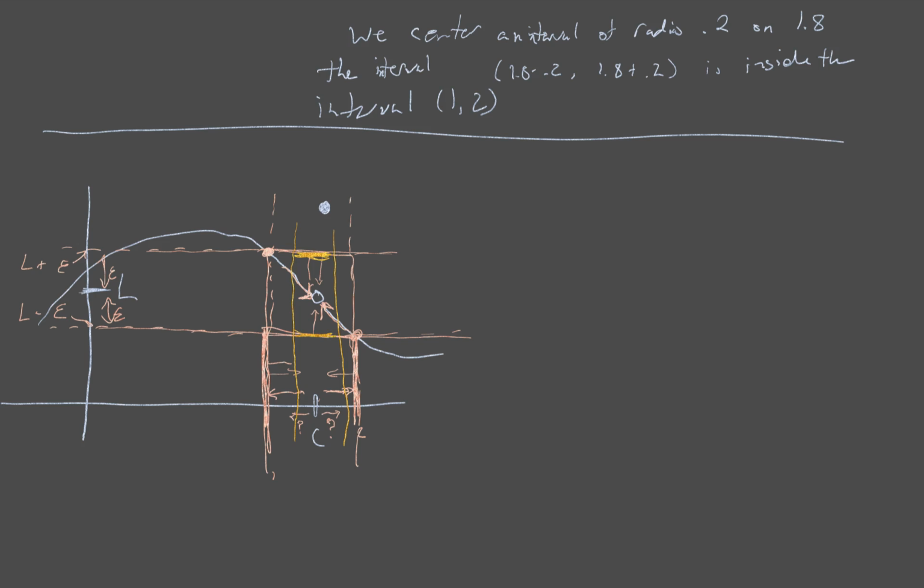So the first thing we get is we get these boundary points here, and then we choose the smaller one to be delta, right? We're going to let this guy be delta, and we're going to go delta this way as well. And so this will be at C plus delta, and this will be at C minus delta. And as long as we're in between, delta, these are deltas.